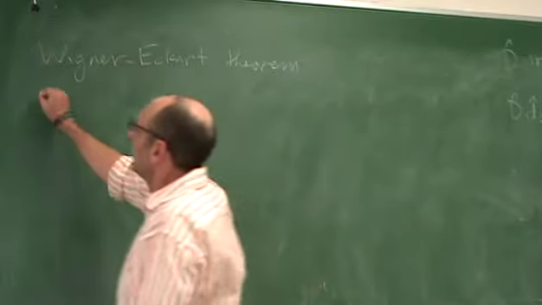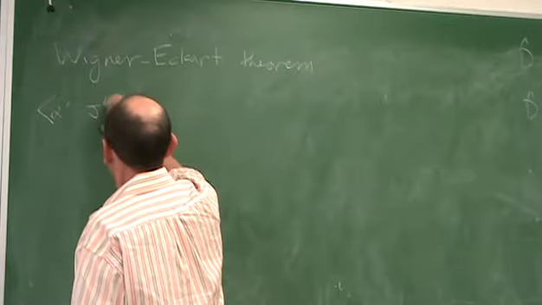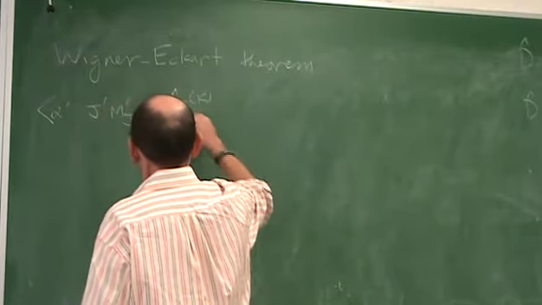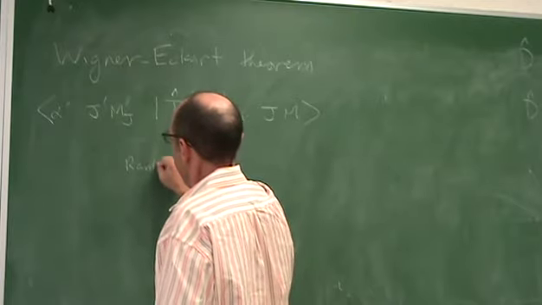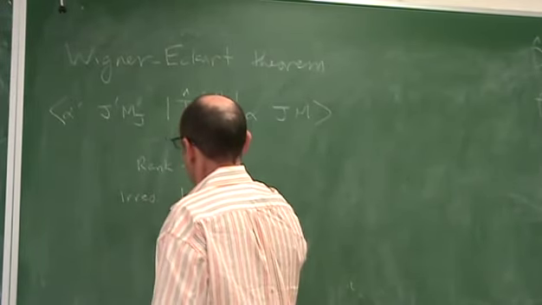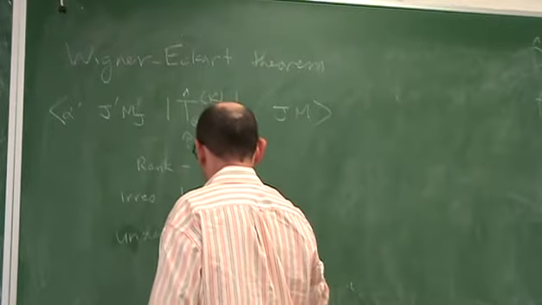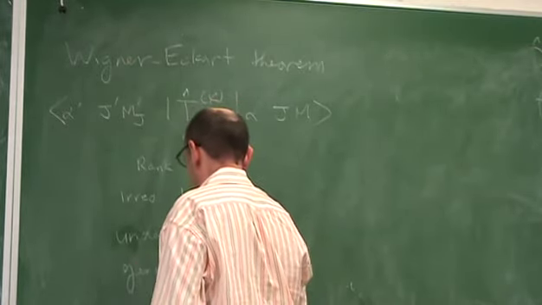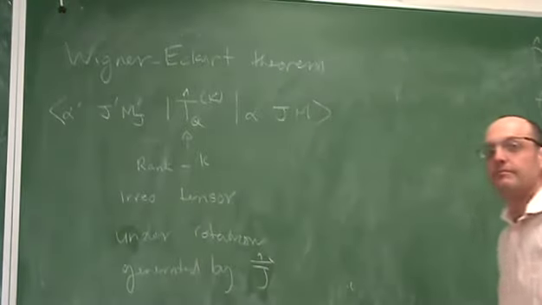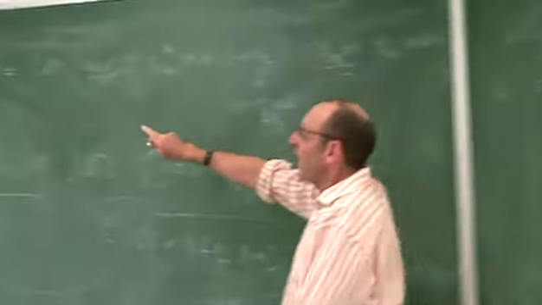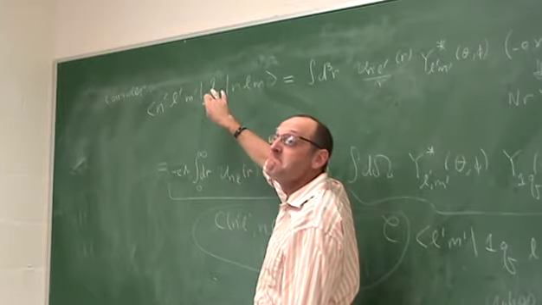It just follows from the properties of irreducible representations of the rotation group, and it's a little bit nasty. It's not worth proving. Let's imagine I'm looking at the matrix elements of a rank K irreducible tensor operator under rotations generated by J. So for example, we have here a rank 1 tensor operator under rotations generated by L. That's an example.